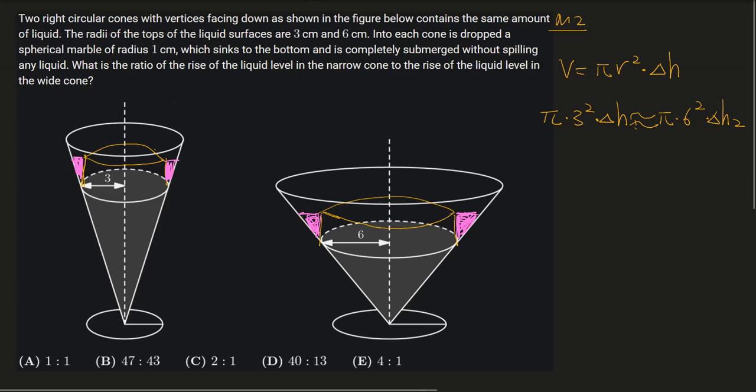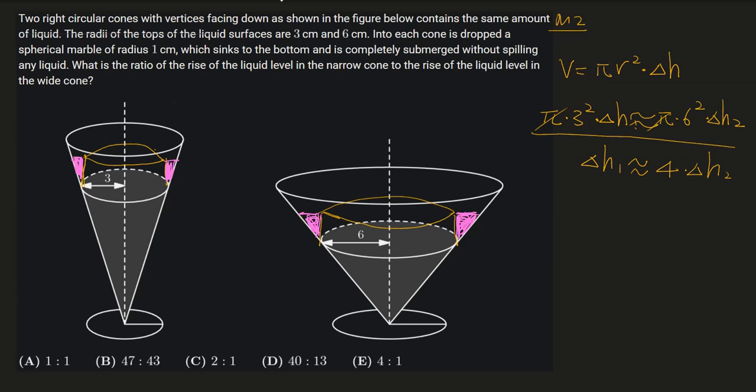Now let's come back to our approximation. If we simplify, we cancel the pi, we cancel the 3 squared with the 6 squared, and we have a 4 left. So delta H1 will approximately equal 4 times delta H2.